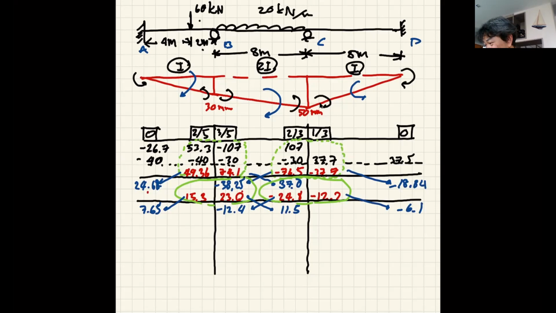That one, maybe I can turn this into a red one. Balance this again, and we have 4.96 here, 7.44 here, minus 7.69 here, and minus 3.79 here. And that is, after the balance, the end of your cycle.